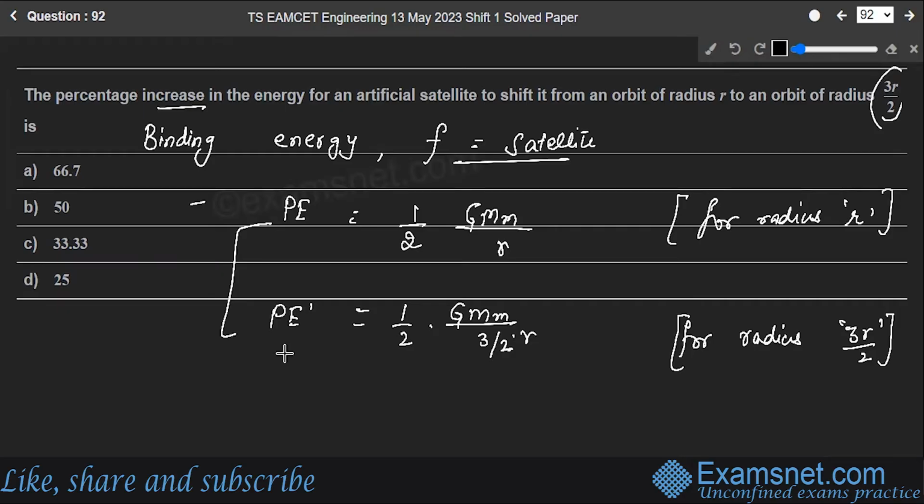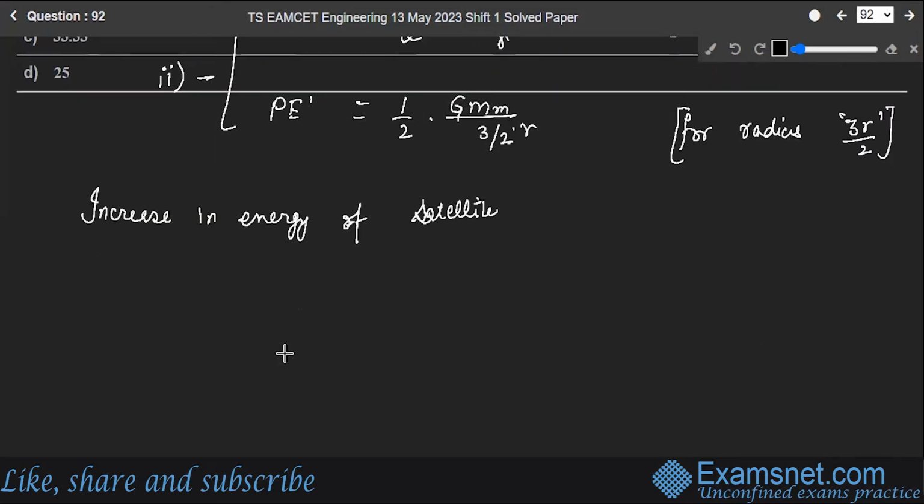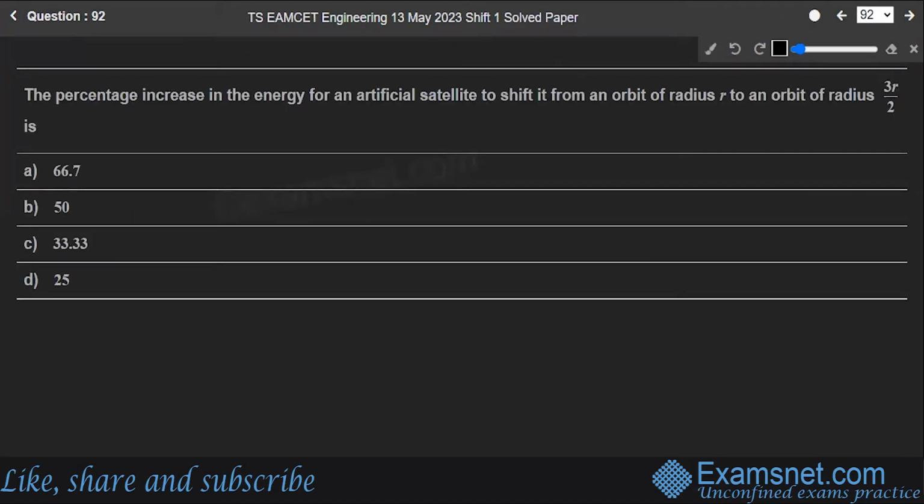So if this is equation 1 and this is equation 2, first of all, let's find out the increase in energy of the satellite. Question number 92, the percentage increase in the energy for the artificial satellite to shift it from the orbit of radius R to an orbit of radius 3R by 2.